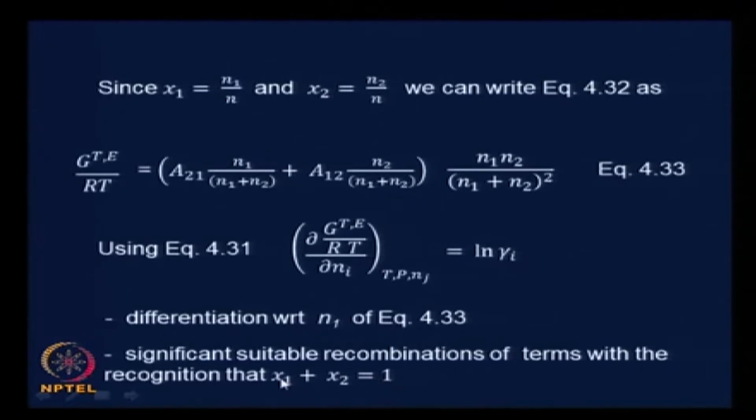This is a binary system, therefore x1 plus x2 equals 1. Make use of these two hints and please come up with an expression for ln gamma 1 first through the differentiation with respect to N1, and also ln gamma 2.